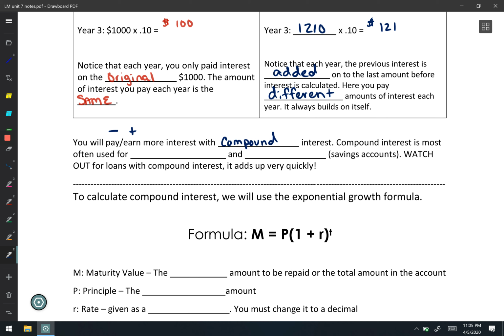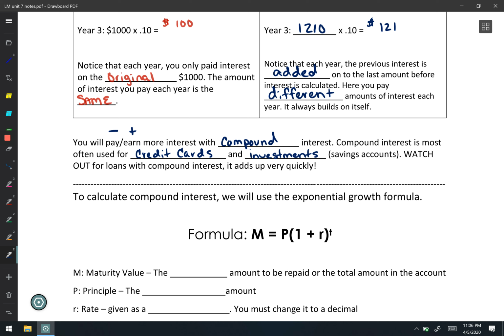Compound interest is much often used for credit cards and investments, savings accounts. All right, watch out for loans with compound interest because they pay out very quickly. So when you're talking about borrowing money and it's compound interest, that could be a problem. When you're talking about saving money and it's compound interest, that's what you want.